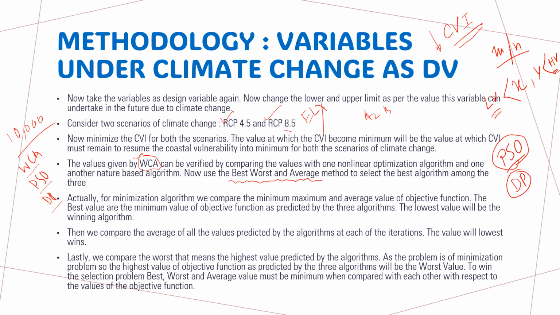So in this way we can know at what value of the variables, all the input variables of the coastal vulnerability index, must be maintained under the normal scenario and under the climate change scenarios proposed by RCP 4.5 and RCP 8.5. Okay, so in this way we select which one is the better algorithm compared to the other two.